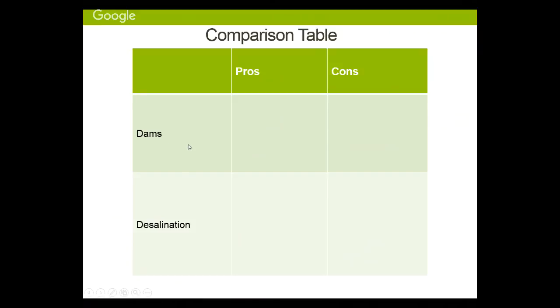What happens below it to the environment? What happens under the water that fills up the dam, to that ecosystem there? Like we talked about Mexico, what happens there. But talk about the pros, so things that are good about it and things that are bad. Same thing with desalination. What's good and what's bad.